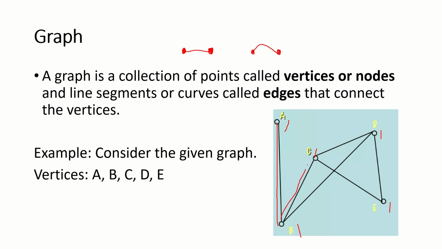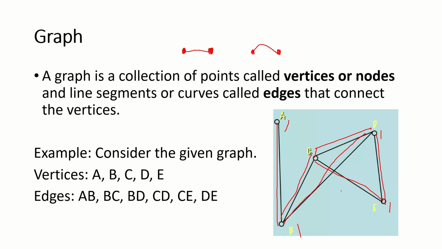We have BC or CB, BD or DB, CD or DC. We also have CE or EC. And lastly, we have DE or ED. Okay, so these are the edges.